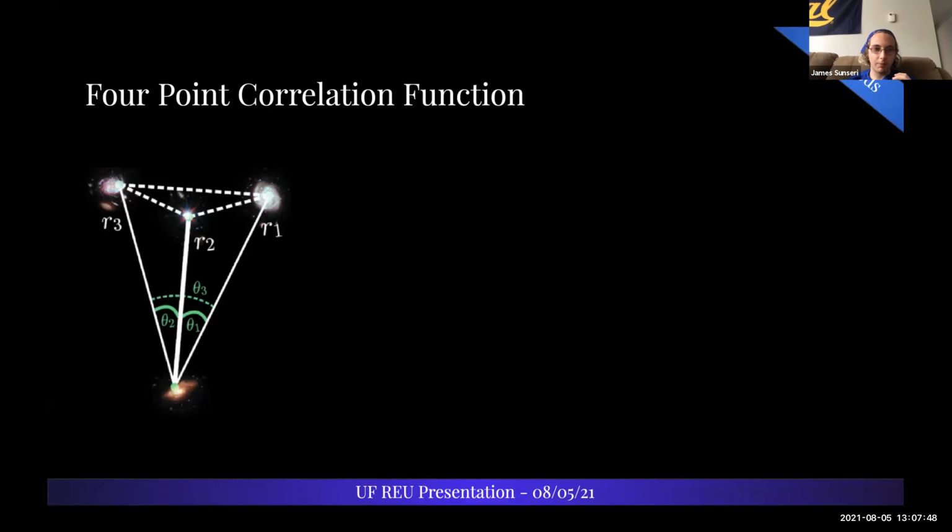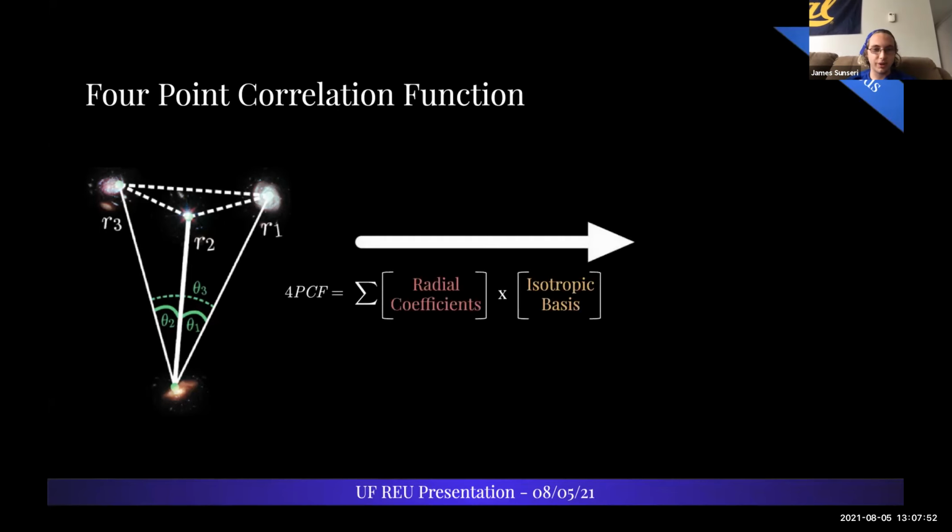Essentially the way we capture all the information of the 4-point correlation function is by doing a sum over a bunch of radial coefficients projected onto an isotropic basis, and summing all that up gives us the full 4-point correlation function. Now that alone will give you an n² algorithm, but what my code does to speed this up even further is to give you an n log n algorithm using fast Fourier transforms to calculate specifically those radial coefficients.